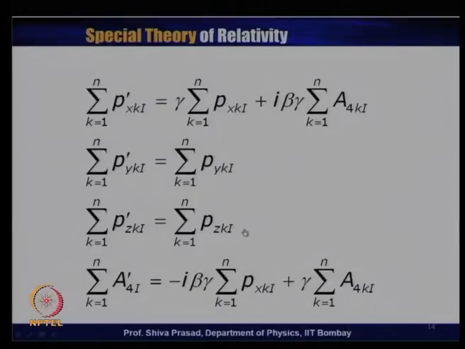These two are straightforward equations. Now, we also see the transformation of A4 prime. This is equal to minus i beta gamma times the first component plus gamma times the fourth component. So, these are the equations that we get after expanding that particular matrix equation.